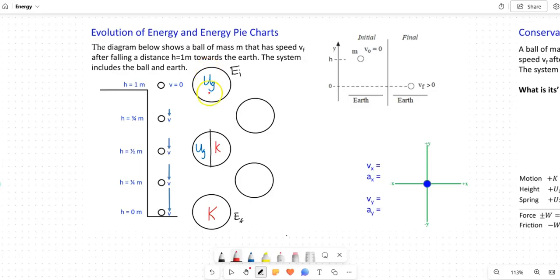So if halfway up, it's got half the height, so therefore the other half of that energy has to be kinetic energy, okay? 3/4 of the way up, well, it's got 3/4 the height, so the other 1/4 had to be converted to kinetic energy, right? As it started to fall, it started to speed up. So that potential energy, that energy of the height, got turned into speed. Okay? And then it's half and half.